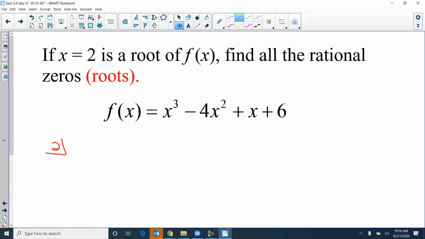Now, if it is a root, what should our remainder be? You remember that, Adam? 0. Okay, if you don't get 0, then I lied to you. I told you something wrong.